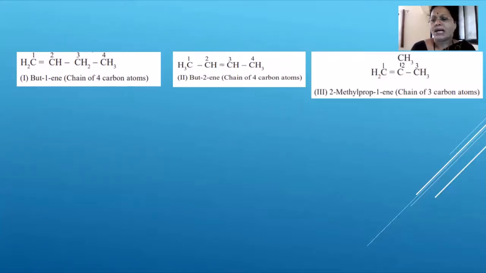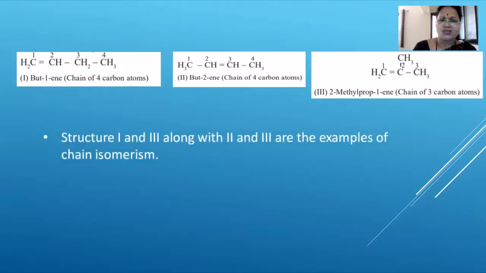Then a branched chain alkene having the same molecular formula. See here, 3 carbon atoms are in a straight chain and there is 1 carbon as a branch point. So the IUPAC name of this alkene is 2-methylprop-1-ene.